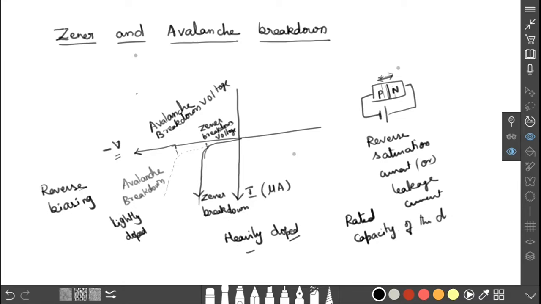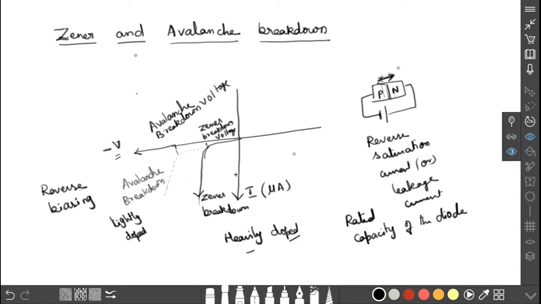The diode already has a certain capacity, but if we increase the reverse voltage, the electric field increases and a high electric field is created across the junction, so the current increases. The electrons increase beyond the rated capacity of the diode, so the junction breaks down.